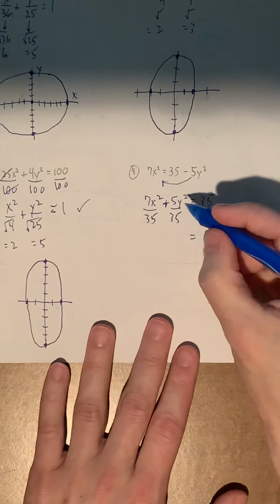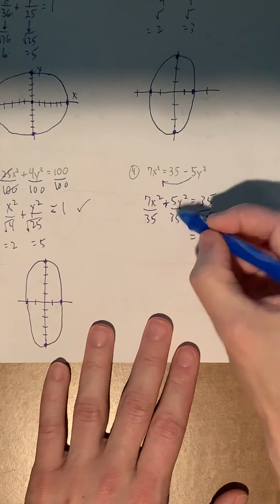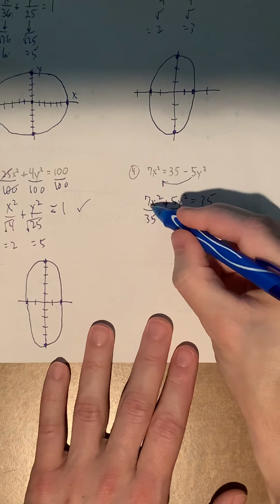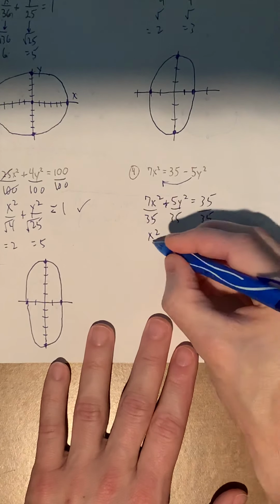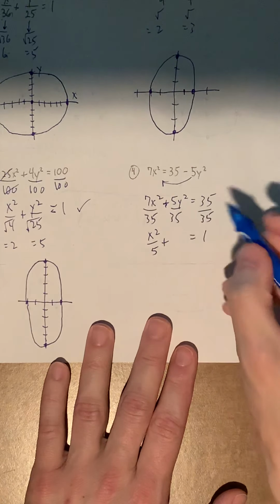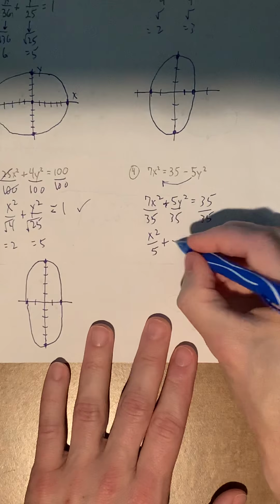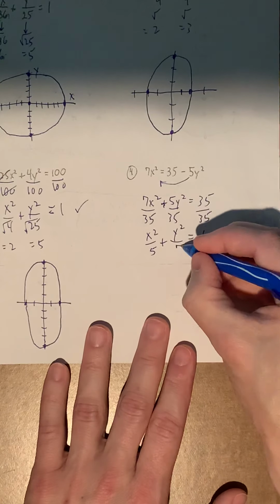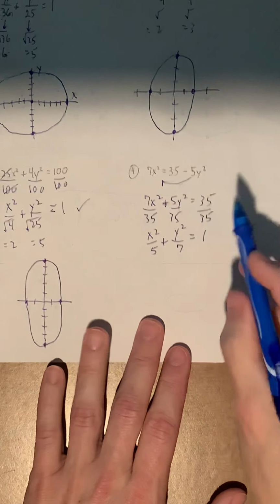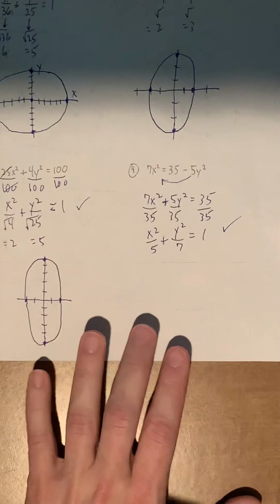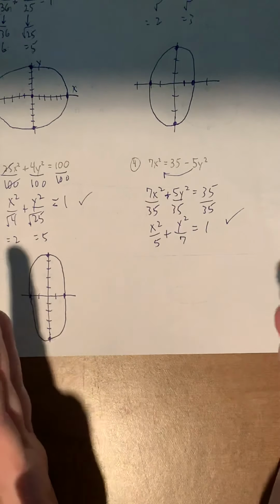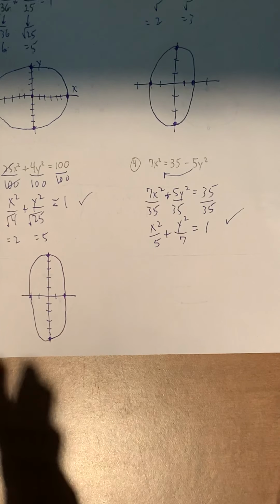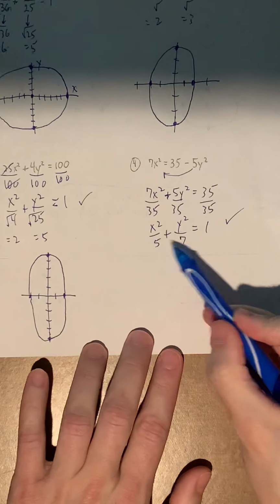All right, so reduce this like we did in number 3. So this will be 1/5 or x squared over 5 plus 1/7 or y squared over 7. All right, now it looks like the generic equation we want, and we're ready to graph. Now when you go to graph, you don't have perfect squares.